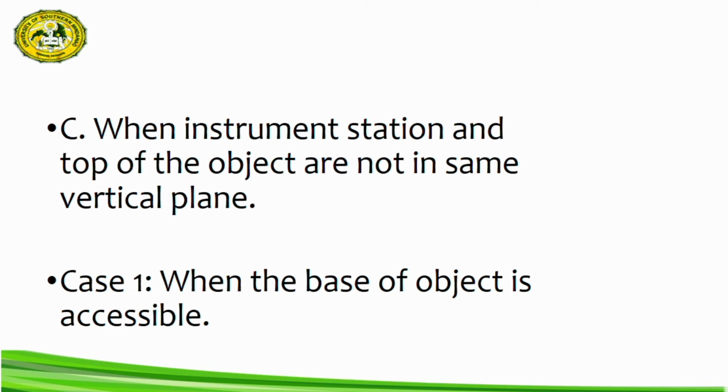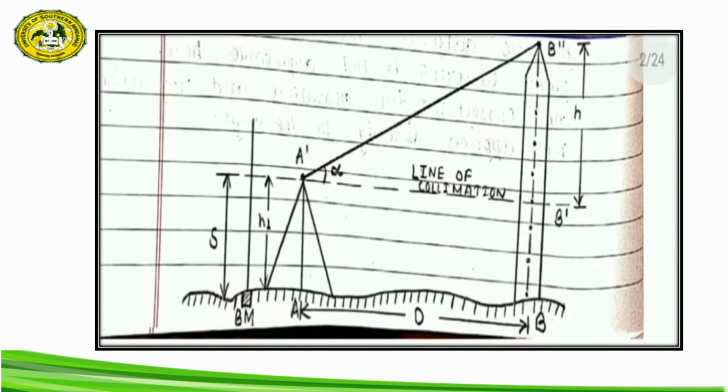And C, when instrument station and top of the object are not in the same vertical plane, the case is when the base of object is accessible. So we can see the picture shown on the screen.